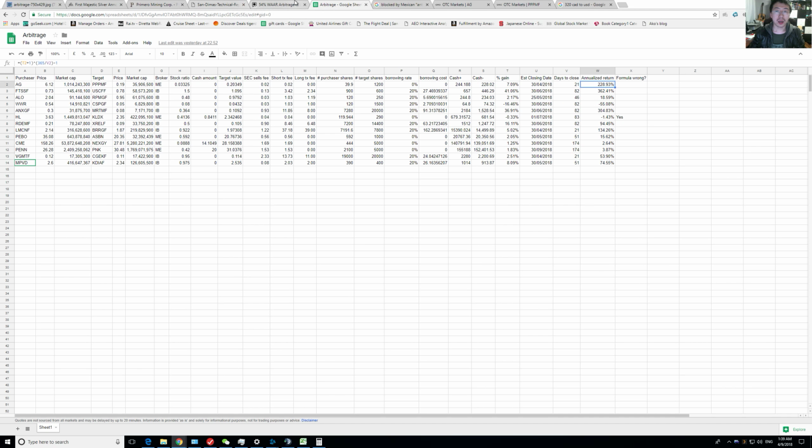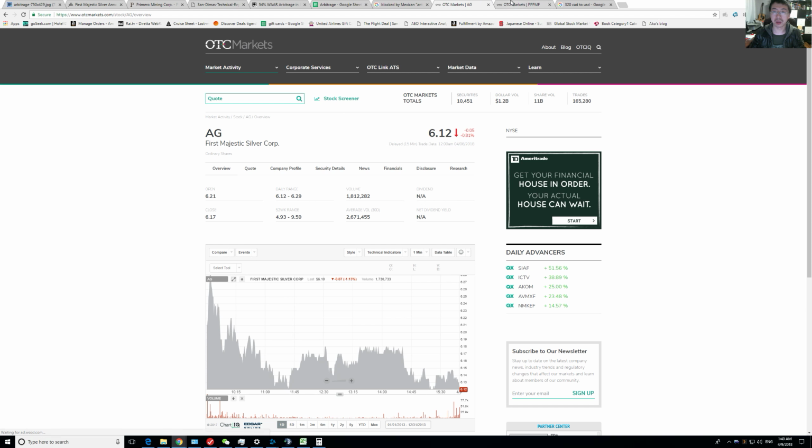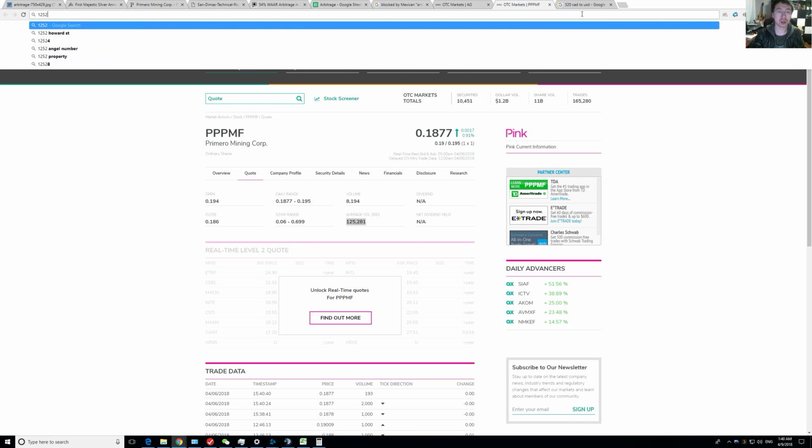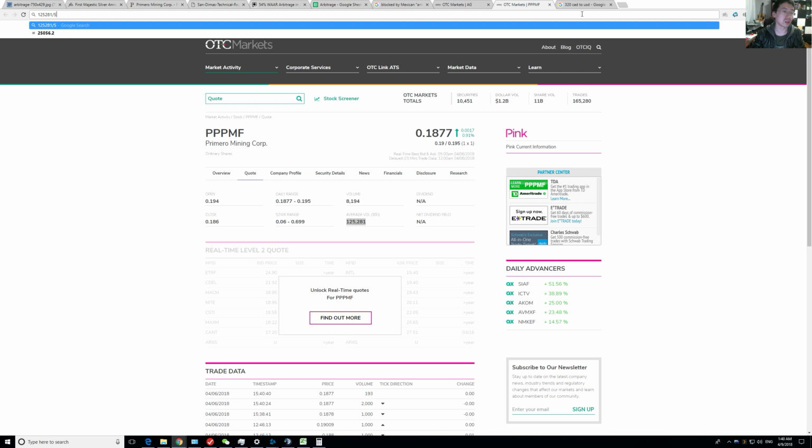So yeah, the other risk is liquidity, right? So how many shares of PPPMF can you legitimately get in a day? The average trading volume in the 30 days is 125,000. So in terms of dollars, divided by 5 is really low, 25K a day. That's the entire trading volume.